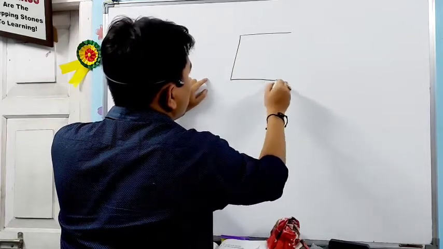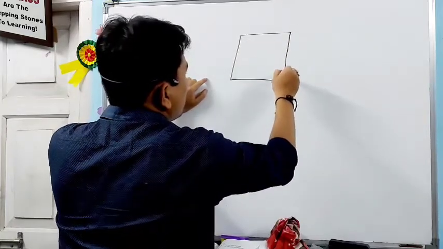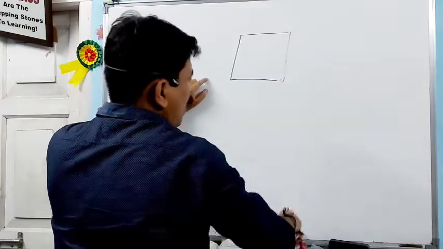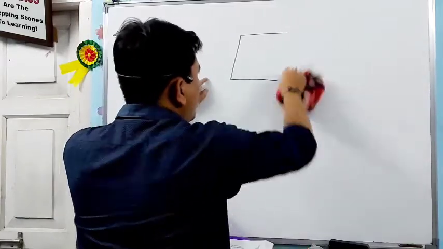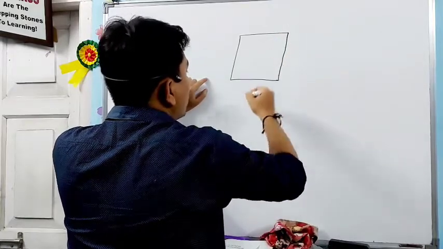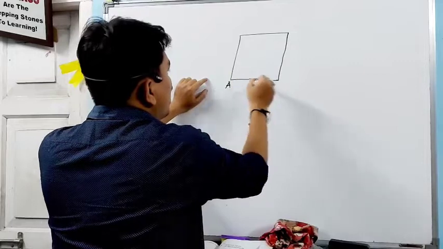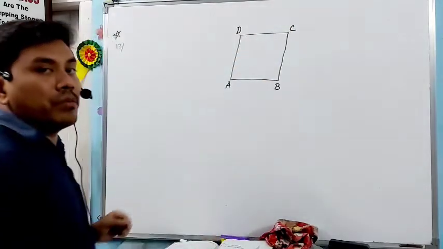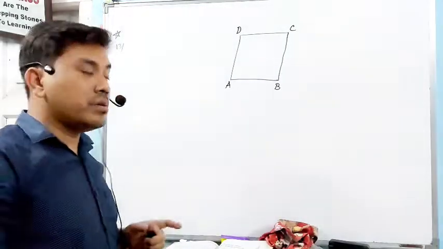This is a rhombus. You have to draw in such a way that all the sides are equal. It may not look perfect here, but when you draw it should be perfect since you will be using scale and pencil. Okay. So let us suppose ABCD is the rhombus.